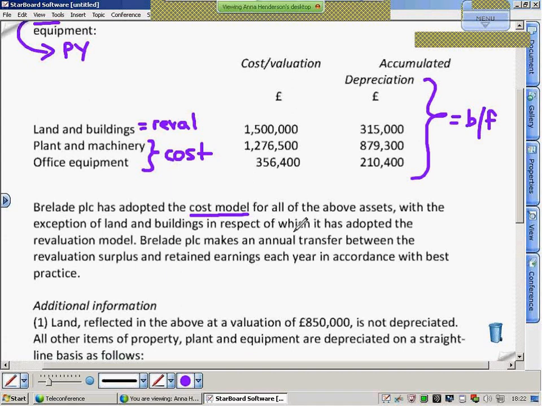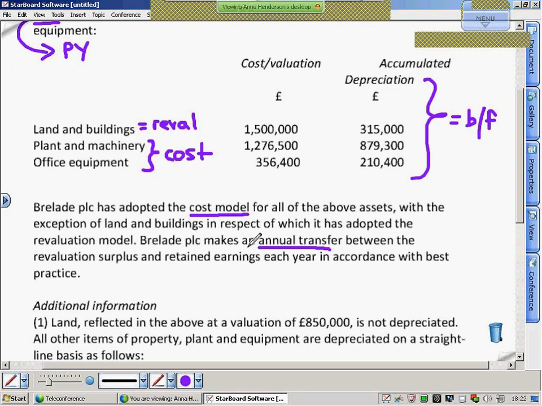The question mentions here that we do make an annual transfer between the revaluation surplus and retained earnings. Now, seeing the annual transfer in your self-managed learning, the question will specify whether you do or do not do the annual transfer.